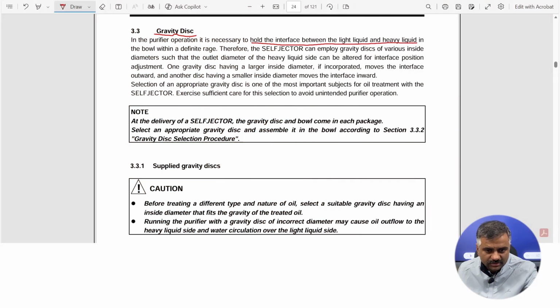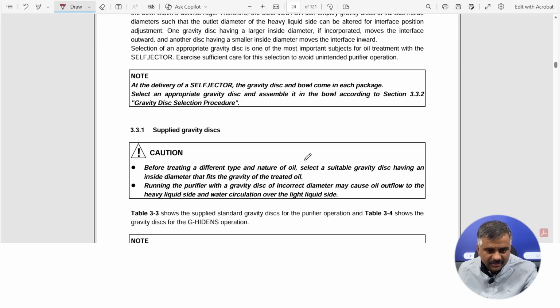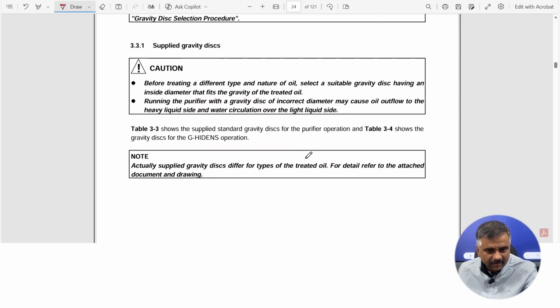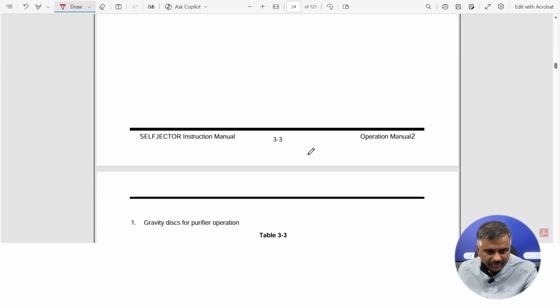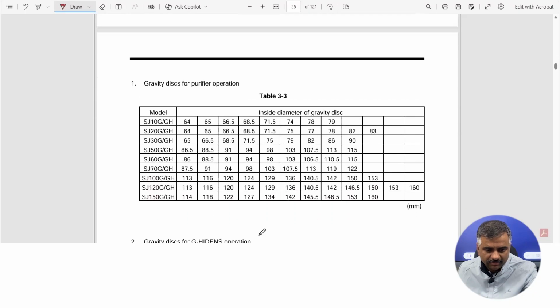In case of a purifier model, we have a separate set of gravity disks supplied by the maker, as we can see. The question is, what will happen if the gravity disk size is smaller?